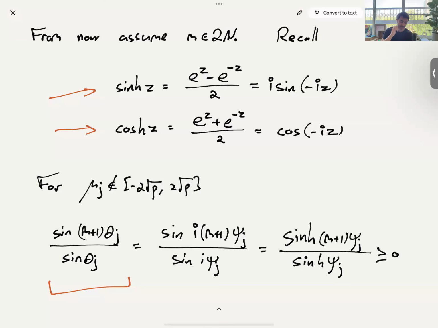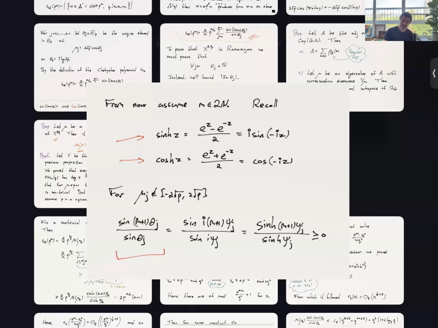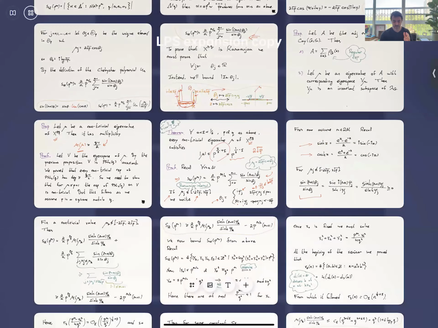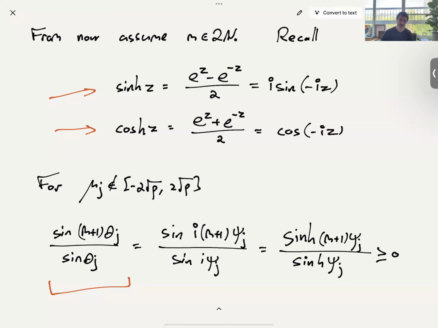You can write it as, because theta j is either i psi j, this is this part, or maybe plus a pi, because maybe you're in the other bit of these three segments, then anyhow you can express it as just, instead of writing the theta j's, you can just write i psi j, right?